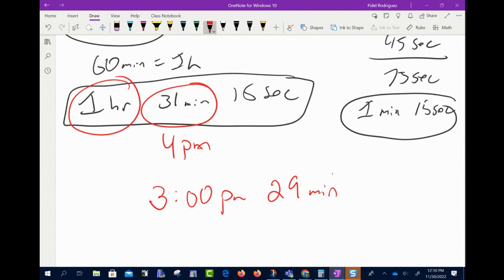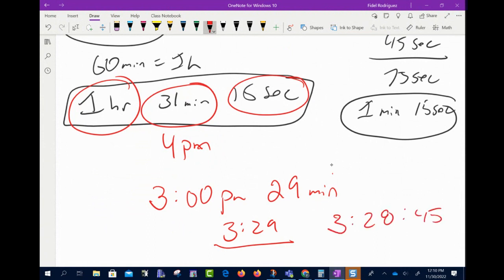So at 3:29 is when he would have to do this. But he needs also an additional 15 seconds. So if I take 15 seconds off that time, wouldn't it be 3:28 and 45 seconds? And that's the time he would need to set this thing up.